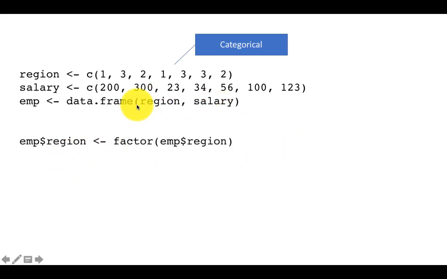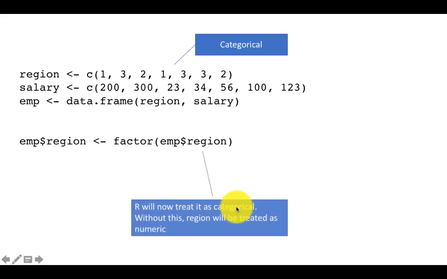But before we run lm on this, we have to convert region to a factor. Here we are explicitly telling the system that region, although it's got numeric values, should be treated as a factor. After this, the system will treat it as a categorical variable and not as a numeric variable.